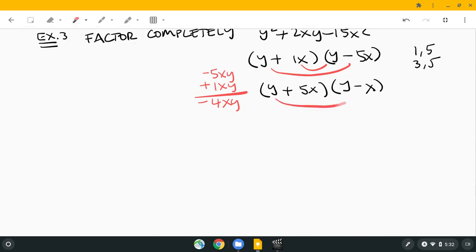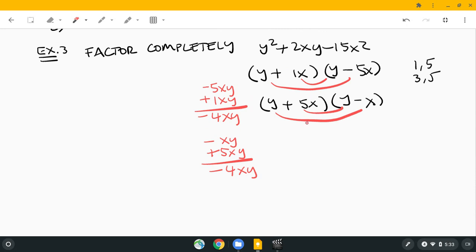Outside I get negative xy, inside I get positive 5xy, and that gives me positive 4xy. We want positive 2xy, and that did not give it to us. So let's check again.